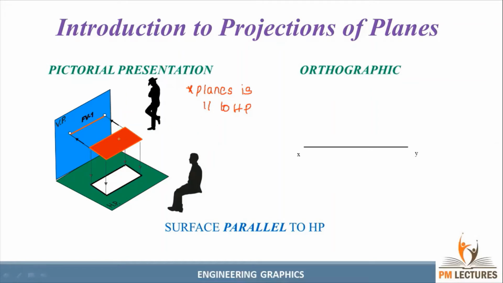So what is the meaning here? If I have an object or plane parallel to HP, I can get the true shape in the HP only. The plane is parallel to HP and the true shape will be in the HP only.